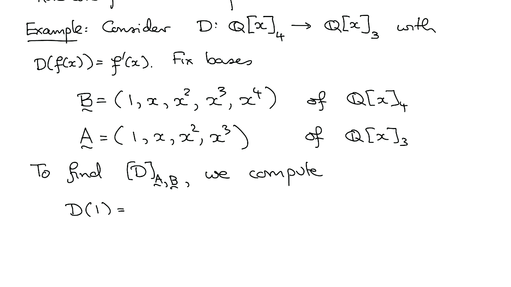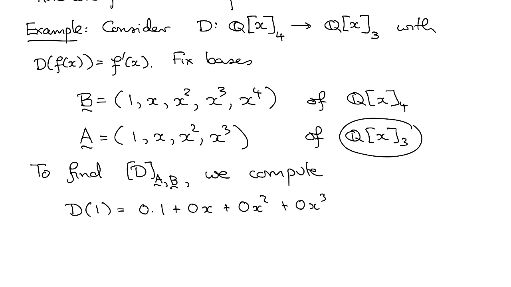So that's 0 times the first basis vector of this, I'm writing it in the basis of this guy, plus 0 times x, plus 0 times x squared, plus 0 times x cubed. Anyway, so that first column, I don't have to do any solving systems this time. The last example required a bit of work. This one, it's immediate. The first column is just going to be 0, 0, 0, 0, 4 zeros.